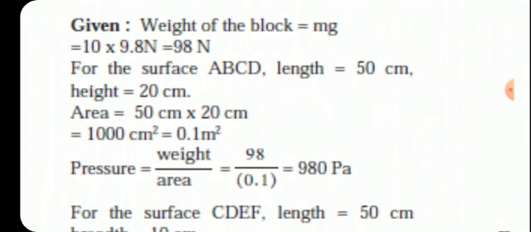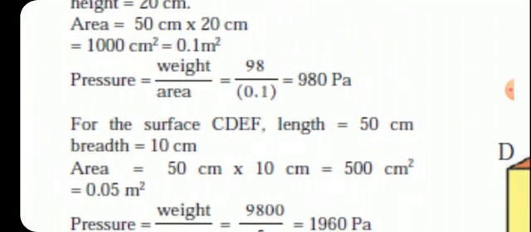We have to convert centimeter into meter. Therefore, area is equal to 0.1 meter square. Pressure is equal to 98 divided by 0.1 according to the formula of pressure, weight divided by area. So 980 Pascal is the pressure exerted by the surface ABCD.